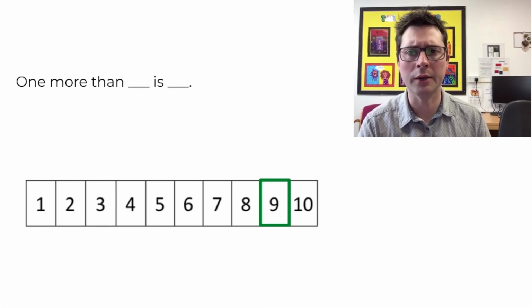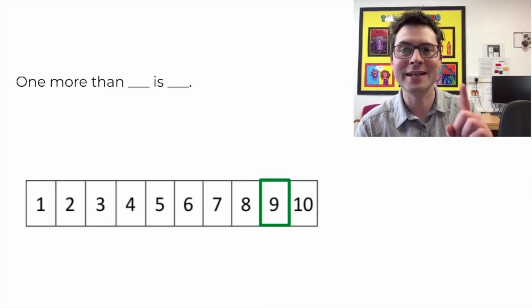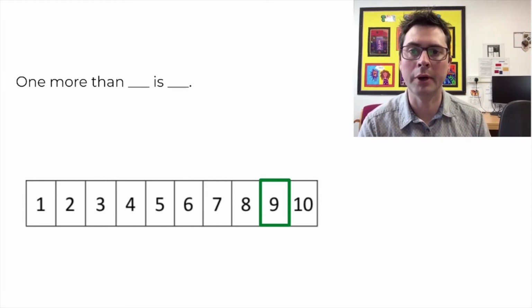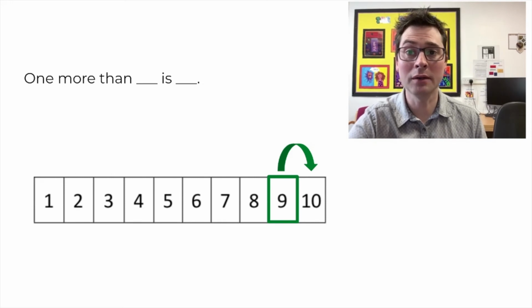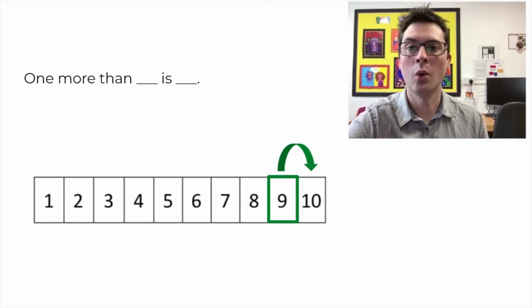And on our number line, we can see that by going to the next number along, like this. So we increase by 1, we add 1, 1 more than 9 is 10. Say it with me. 1 more than 9 is 10.